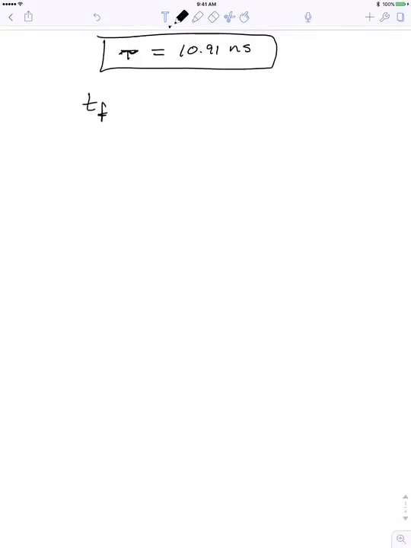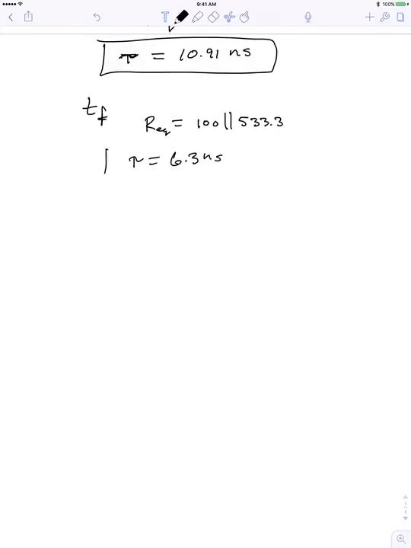Skipping some of the steps, the equivalent circuit in that case is going to be the 100 ohm resistor in parallel with 533.3. So you plug that in. We know the capacitance value is 75 picofarads, and I calculate the fall time to be about 6.3 nanoseconds. Okay, so that's the solution to the sixth problem.